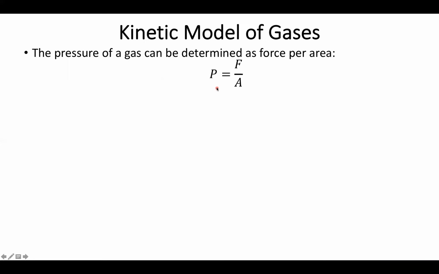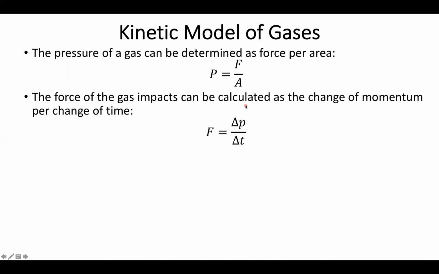It turns out that pressure is simply given as the force of the collision per area the collision takes place over. So force, again, according to Newtonian physics, is going to be the change in momentum over the impact time, or the change in time. So this is essentially, I do apologize for the multiple P's, how much does the momentum of my gas change over a certain given time.